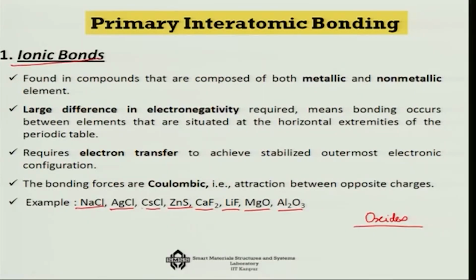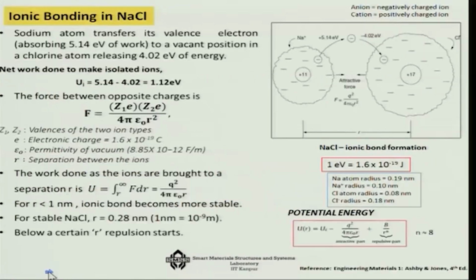Now, these ionic bonds definitely require electron transfer to achieve a stabilized outermost electronic configuration, and the bonding forces are actually coulombic, the attraction between the opposite charges. So, let us go through one of the examples. We are talking about the ionic bond in sodium chloride.